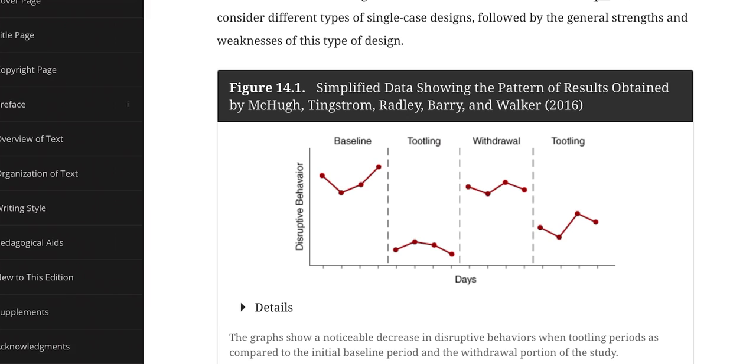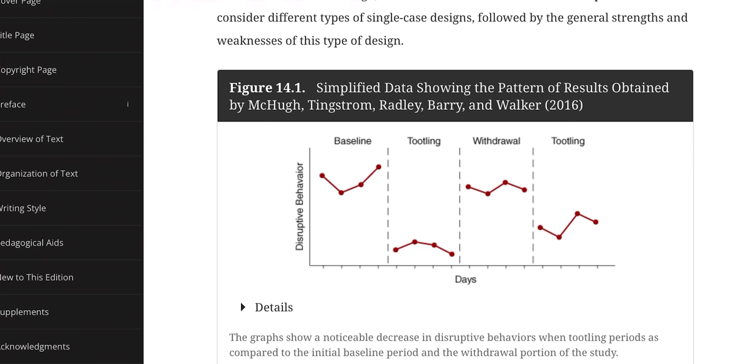And here's the chart, the figure 14.1 from your book, that shows that when they were doing the tootling method, the disruptive behavior, you see is on the y-axis over here, the vertical axis. So you can see that the instances of disruptive behavior were much lower on the tootling times versus the baseline before the tootling and then withdrawal period, which is when they took the tootling program away.